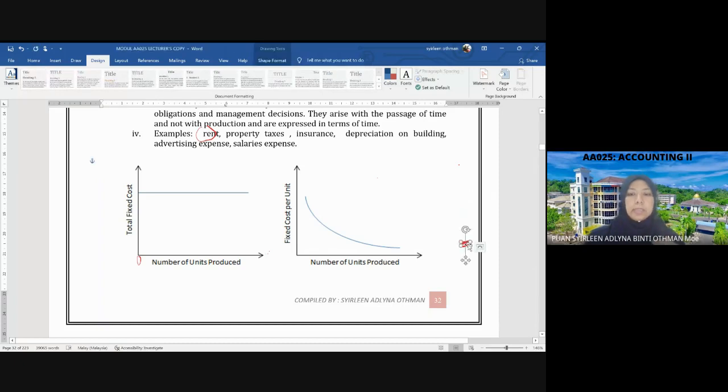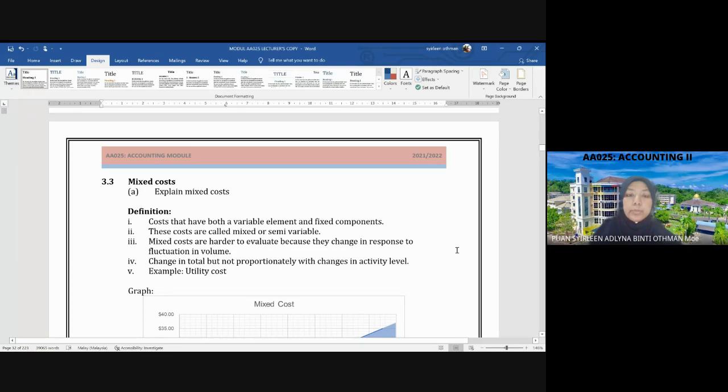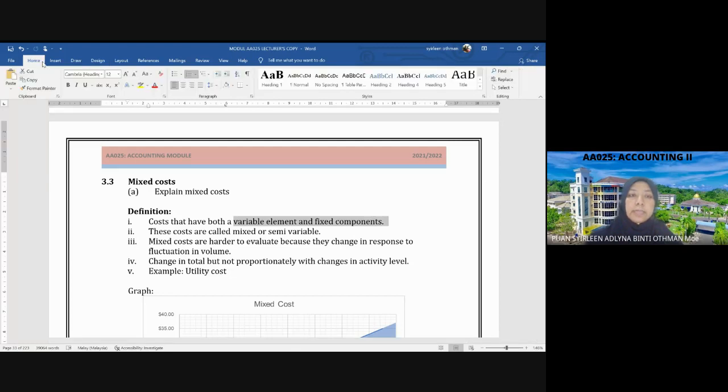So now we will look at mixed cost. Mix means combined. Okay, so what is combined? It has both elements. It has variable elements and it also has fixed cost elements. So when it has variable cost elements and fixed cost elements, it means that when we calculate the cost, we can see the characteristics of variable cost and at the same time we can also see the characteristics of the fixed components.